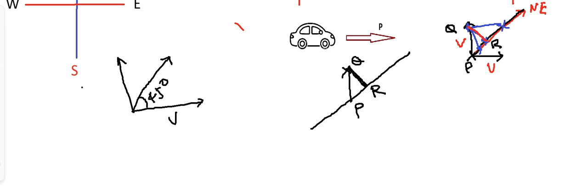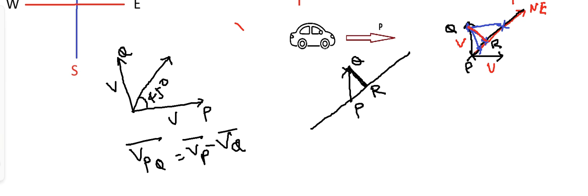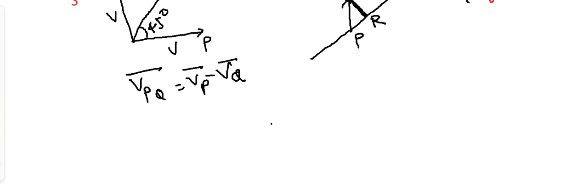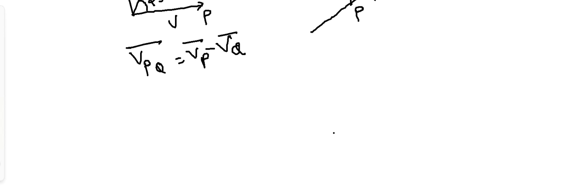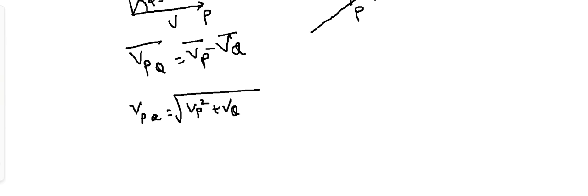If this is V, this is V. This is our P, this is our Q. So the velocity of P with respect to Q, in vector notation, is Vp bar minus Vq bar. Since the angle is 90 degrees, I can write the magnitude of relative velocity as Vpq equal to root of Vp square plus Vq square.